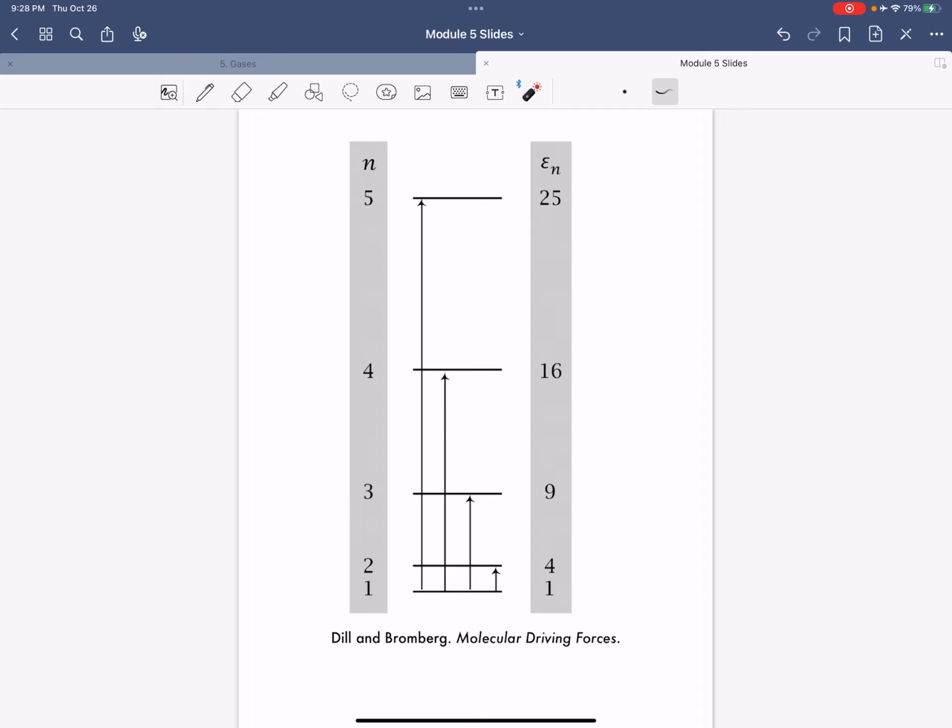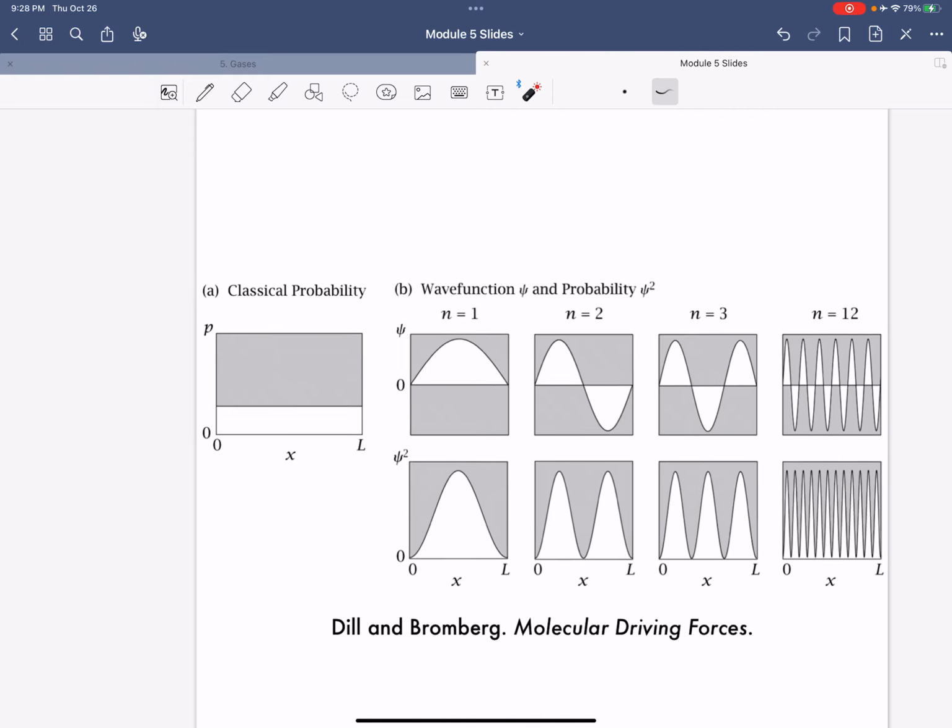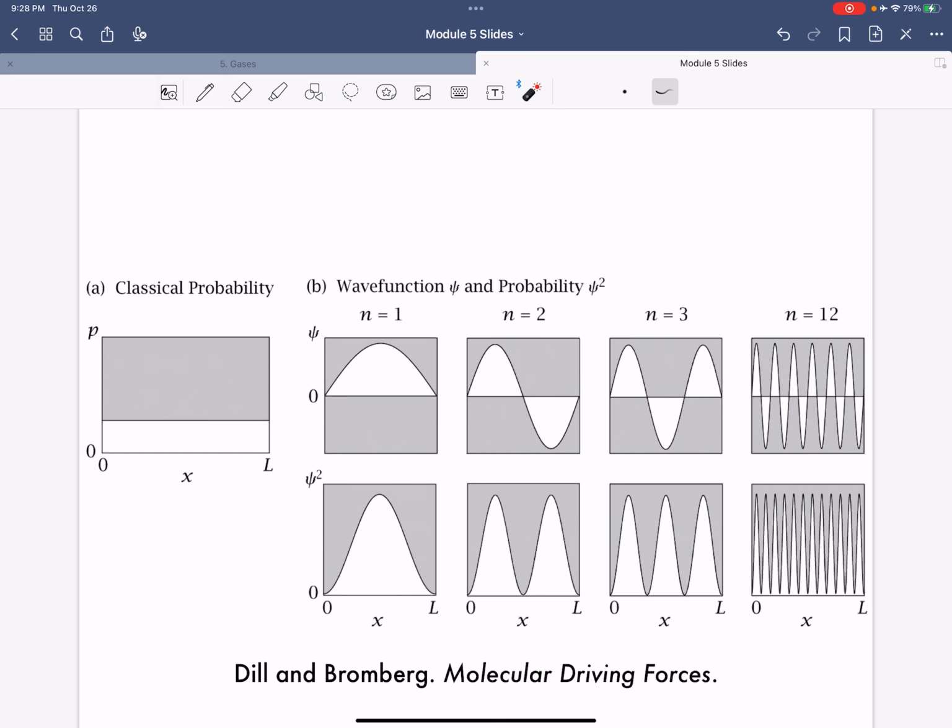Okay? Furthermore, not only can we take a look at the energy level itself, but we can also take a look at the psi function. And so psi is a sinusoidal function. So when the energy level is 1, we just get one peak in here. When the energy level is 2, we get a peak and a minimum, and so on and so forth.